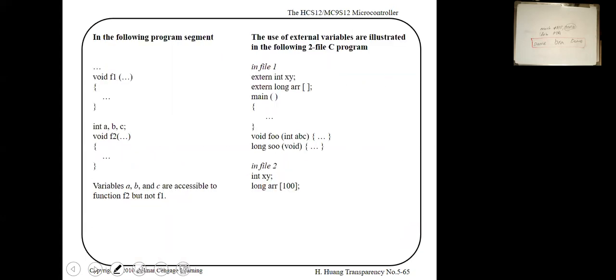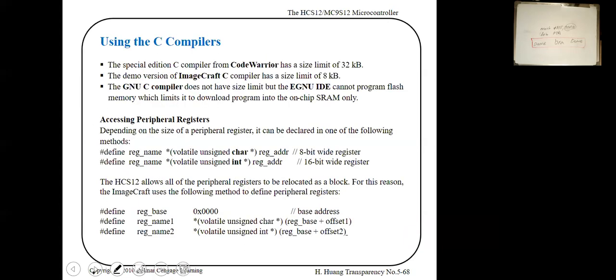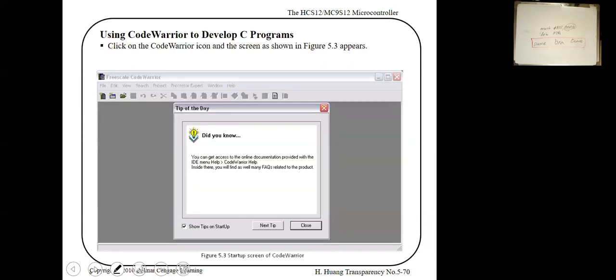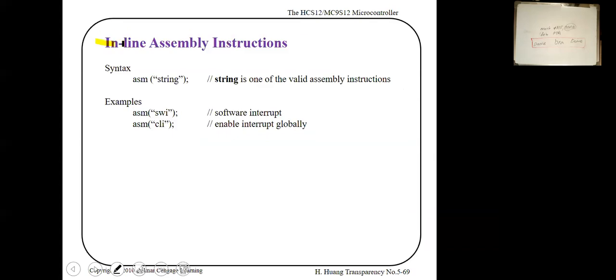Other examples. Inline assembly. If you decide to write your program in a high-level language, sometimes you might find it more suitable to write certain parts of your program in assembly. So in your main program in C, you can switch to assembly by writing ASM, and then you pass the instructions that you want to execute as a string.